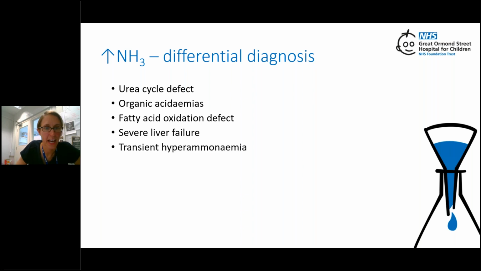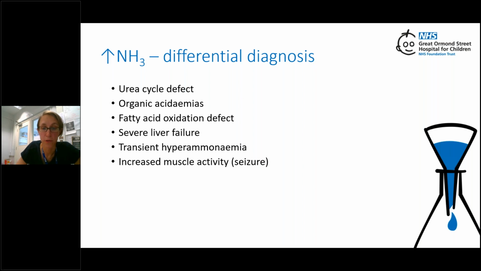You also see it in transient hyperammonaemia of the neonate. When the ductus venosus is open, the ammonia is shunted across the liver and can't be metabolized, so you can initially see a raised ammonia until the ductus venosus closes. You also see a raised ammonia when you've got increased muscle activity.